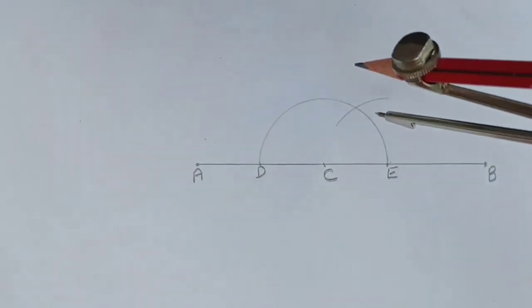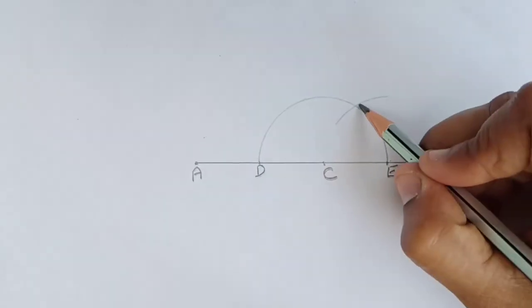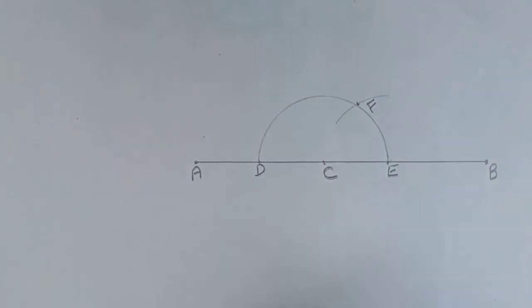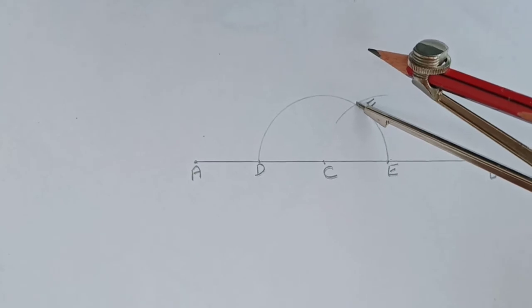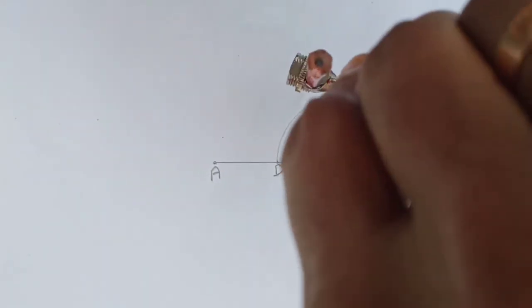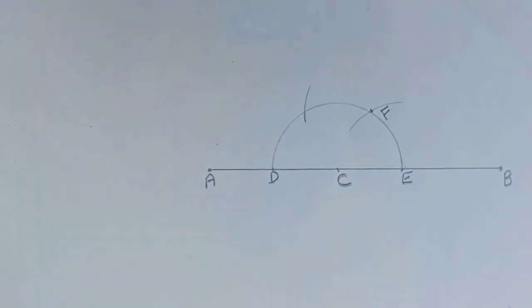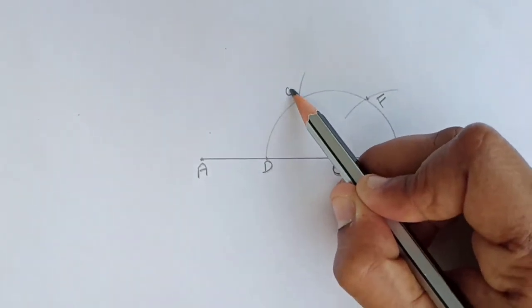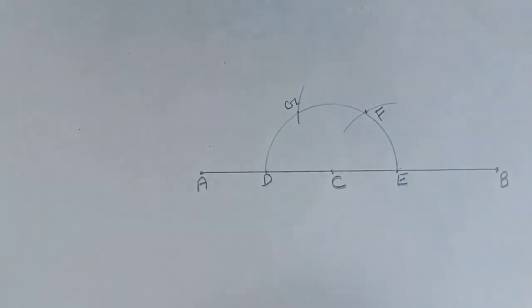By taking CE as a radius, with E as center, draw one arc and label it as F. By using the same radius, with F as center, draw an arc and label it as G.